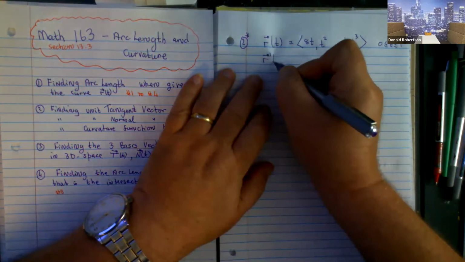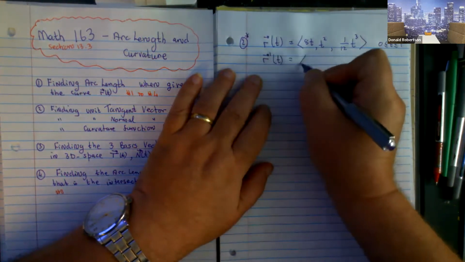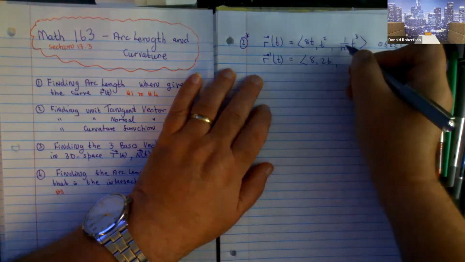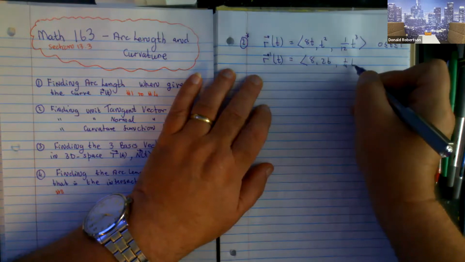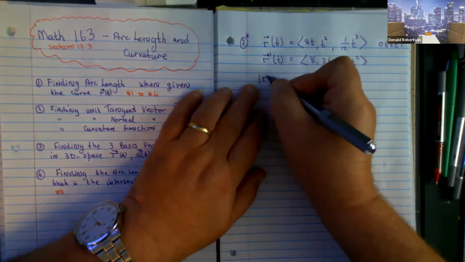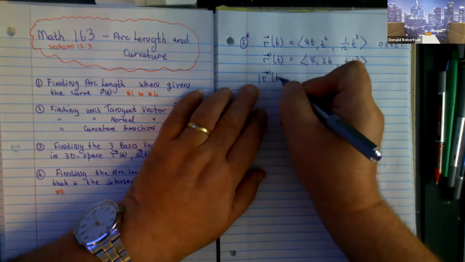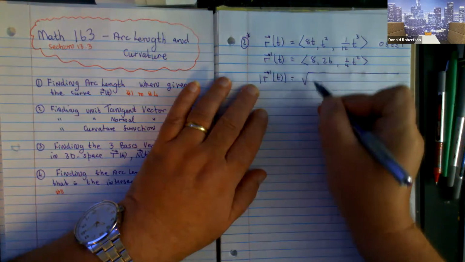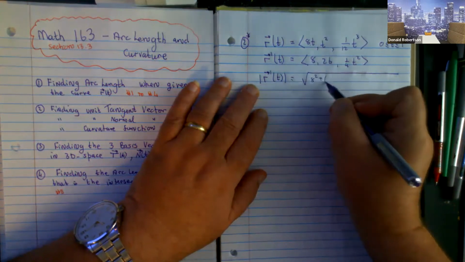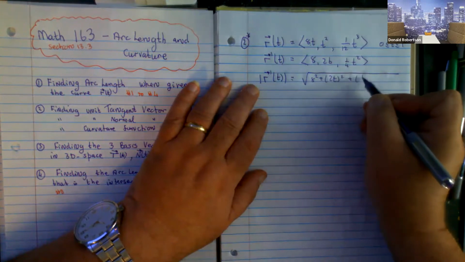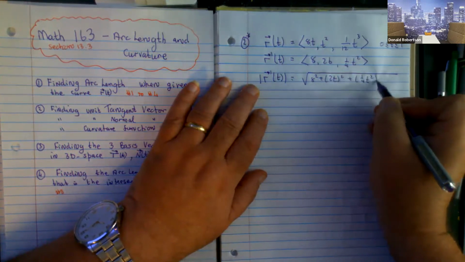Well, if you want to find its derivative, you get 8, you get 2t, and multiply, that gets you 1/4 t squared. Now you want to find the magnitude of it. And that's going to be the square root of 8 squared plus 2t squared plus 1/4 t squared squared.